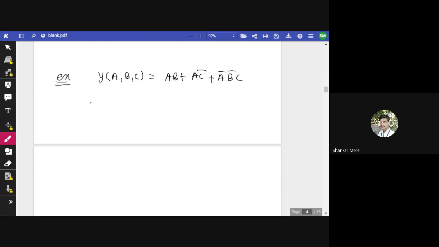Great. So, Shardul, if you're trying, that's good. If you're not trying, one more thing I would like to tell you is please try and convert this into its standard form. Before we solve the expression, we have to convert it into its standard form and then we have to apply the K-map.